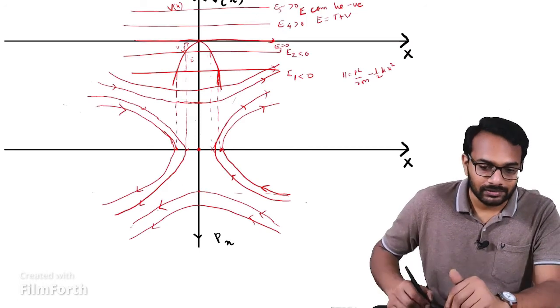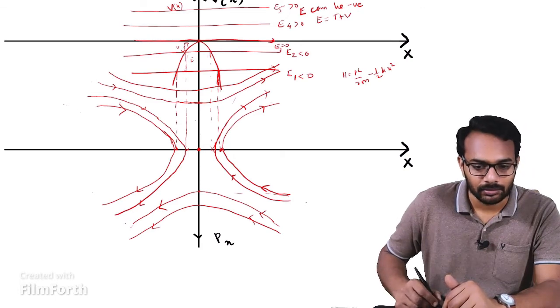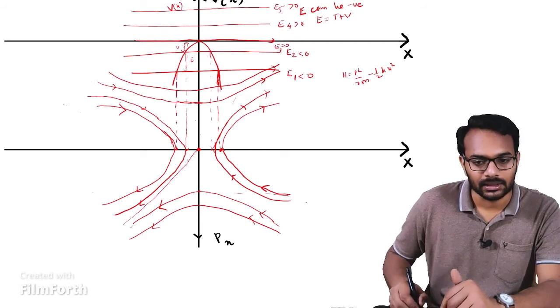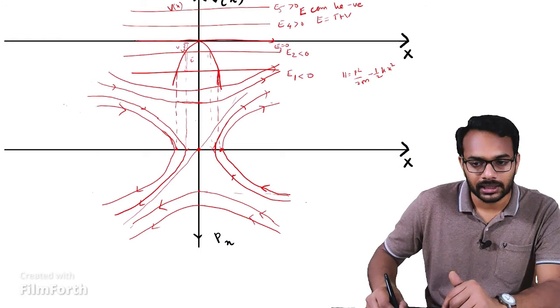So we also have straight lines here passing through x equal to 0. The lines are passing through x equal to 0, but the particle on this trajectory doesn't actually reach x equal to 0, as I said before. These are supposed to be straight lines, but because of my sloppy drawing I cannot really draw it as a straight line here.